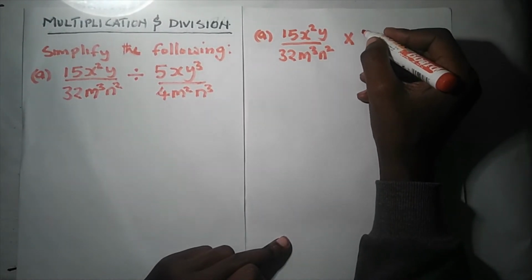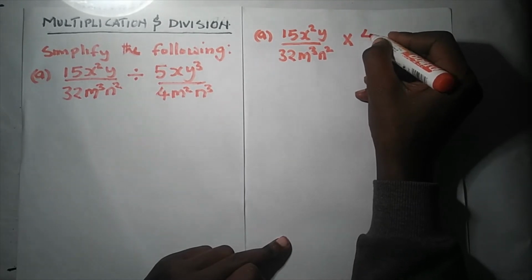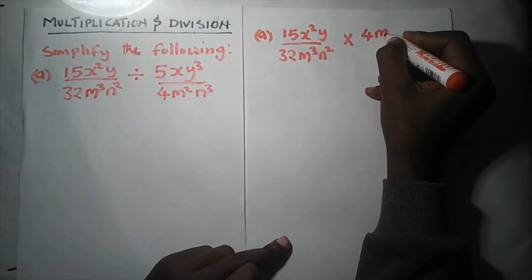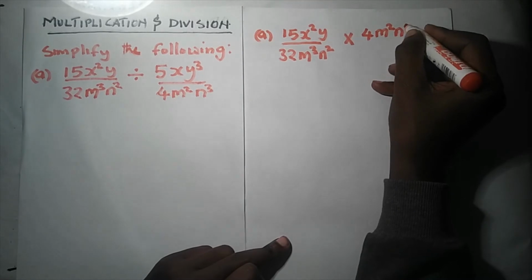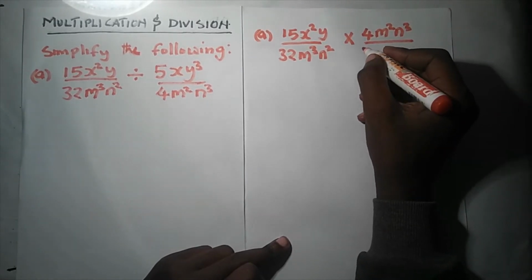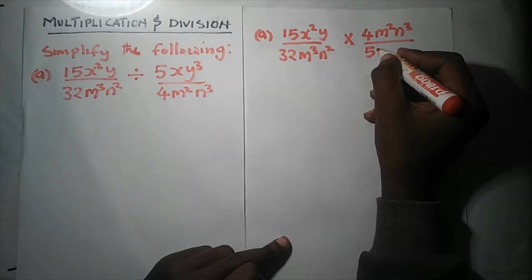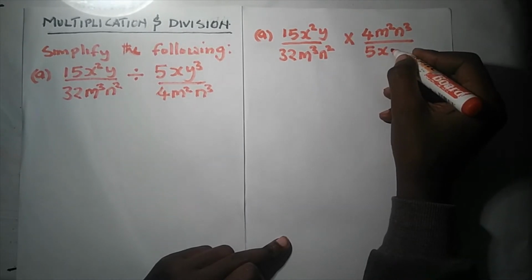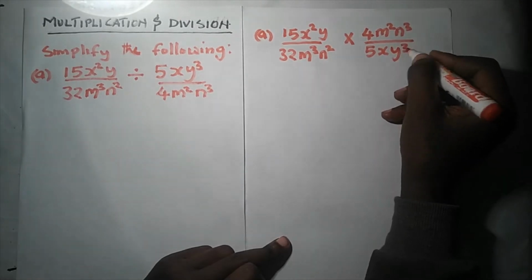So they are also going to interchange. We are going to have 4m squared n to the power 3 divided by 5xy to the power 3.